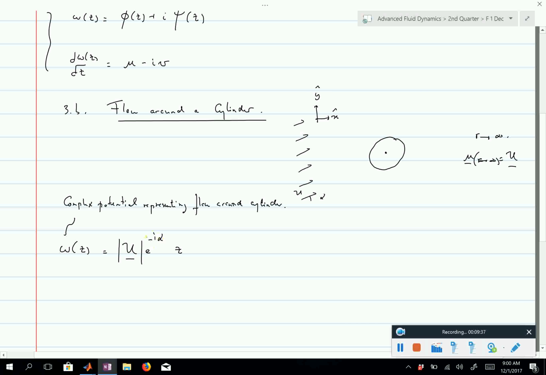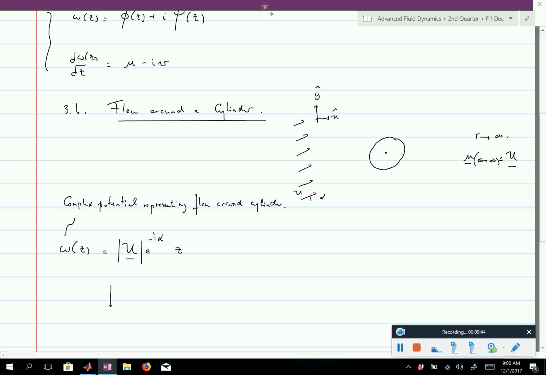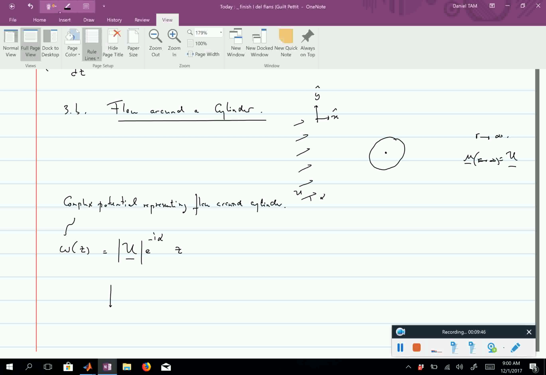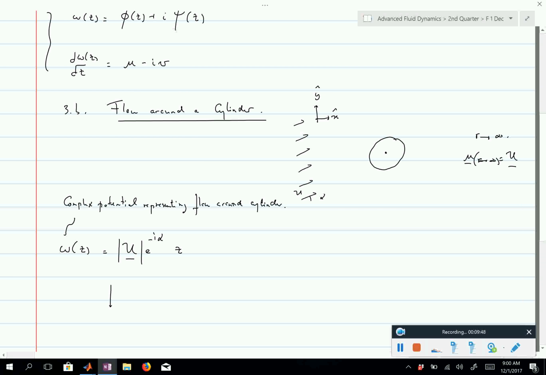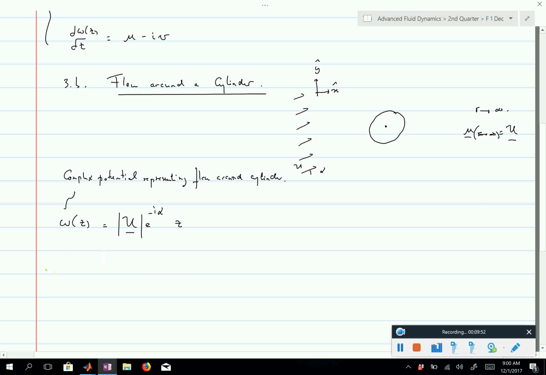Remember that this minus i alpha is here only because, let me just do that real quick, if you want to see what the velocity field associated with that looks like, you have to differentiate your potential.